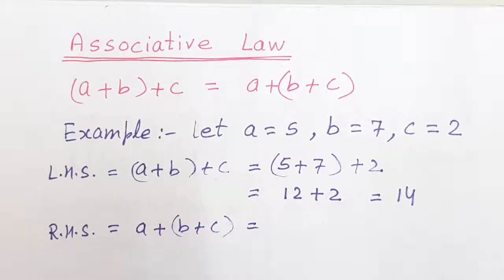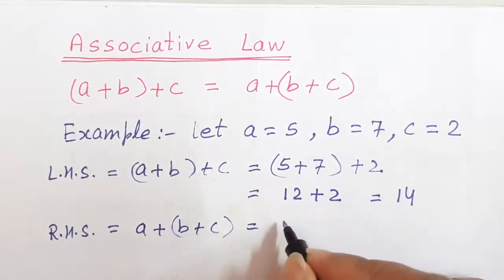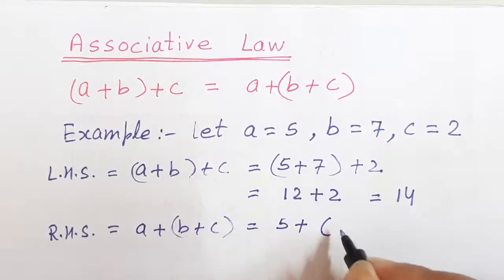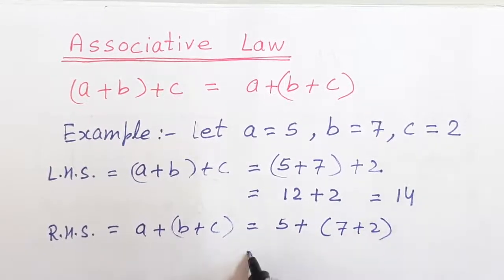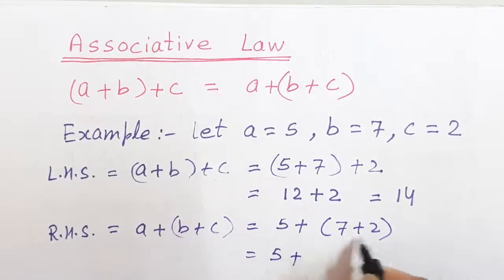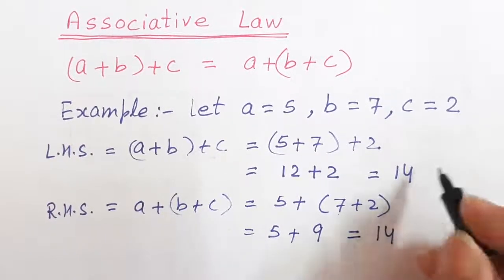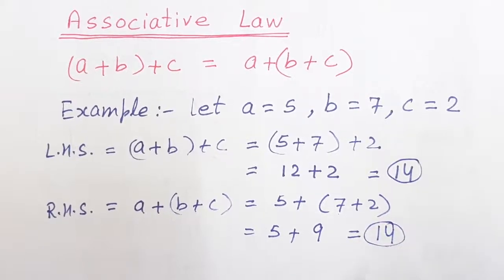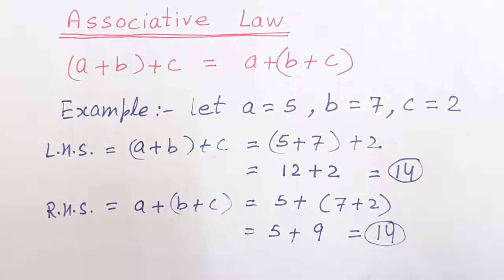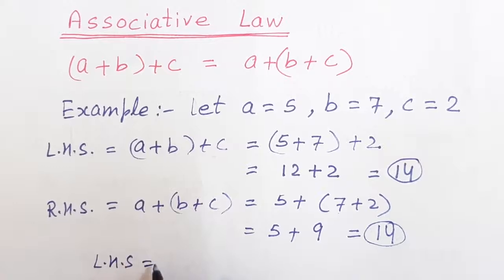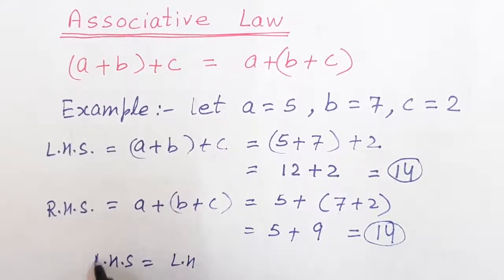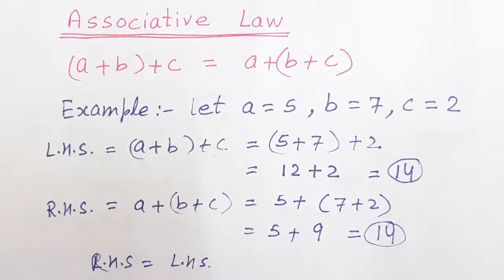That is equal to 5 plus (7 plus 2). Now 7 plus 2 is 9. Right? So 5 plus 9 is 14. Now children, you can see both the answers are equal. So this is called associative property or associative law. Right? So right hand side is equal to left hand side. I hope it is clear to you.